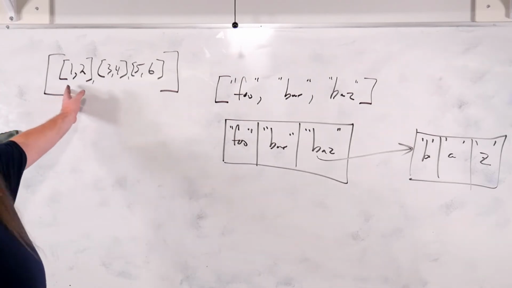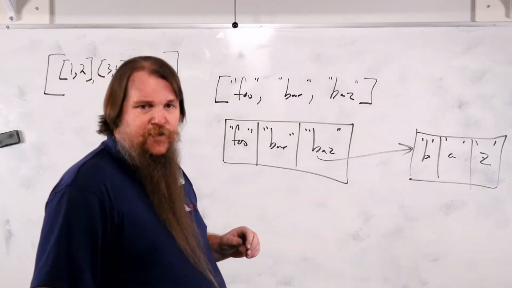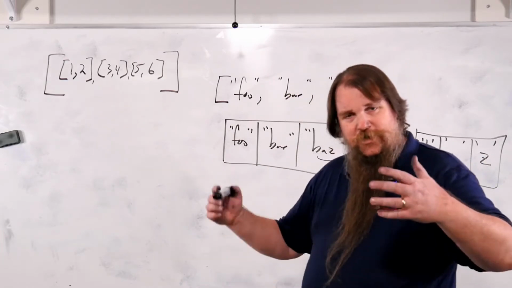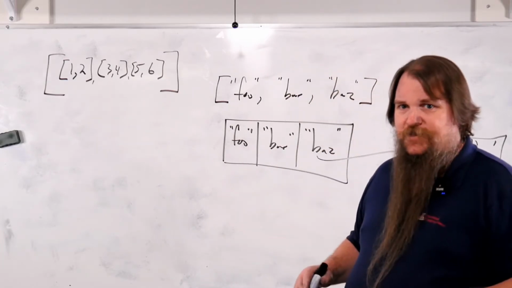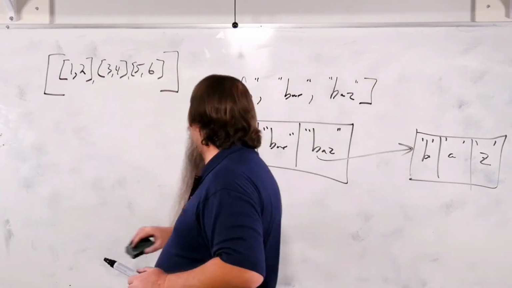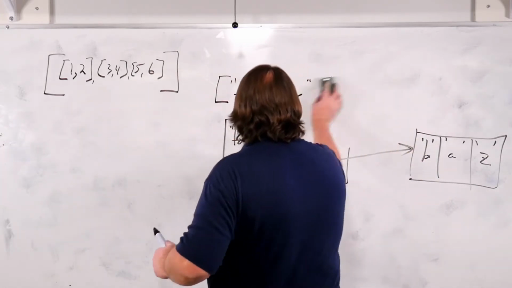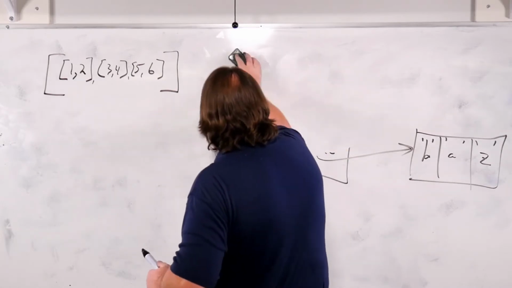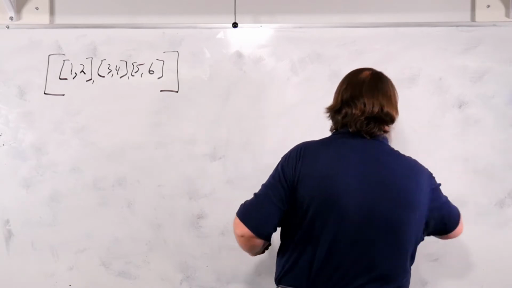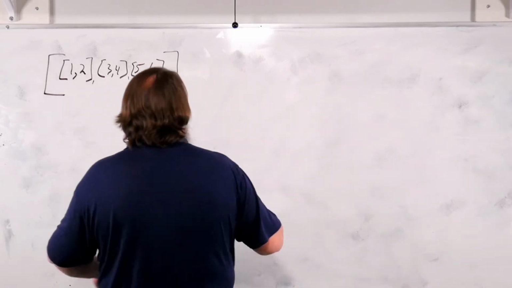This is an array of length 3 that contains, in each slot, an array of length 2. So how would we draw this? Well, I haven't shown you reference diagrams in detail here, but let me draw you a picture that will give you a pretty good model for it.